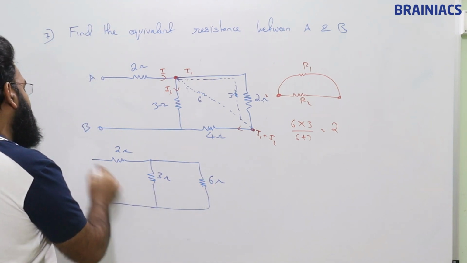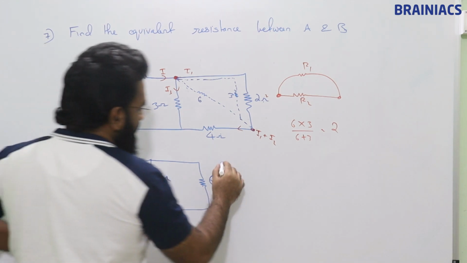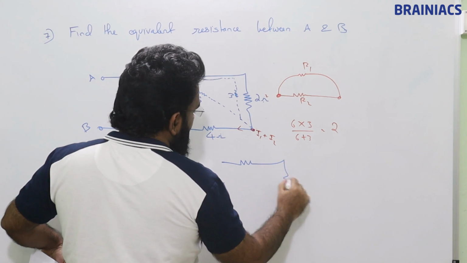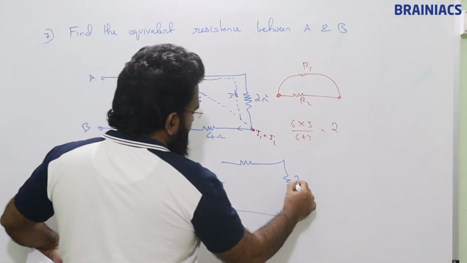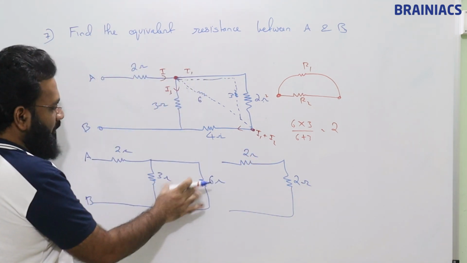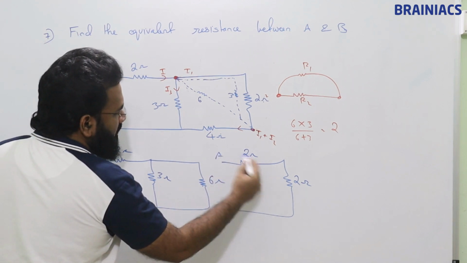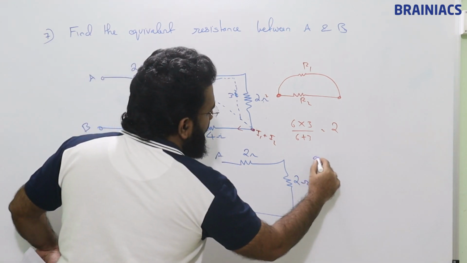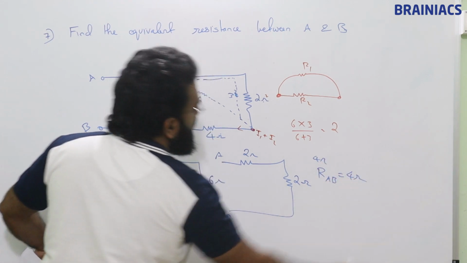Now this 6 and 3 are in parallel again, which is nothing but 2 ohm. Already this 2 ohm is there. This becomes one single branch between A and B. Now this combination gives us 4 ohm. So the equivalent resistance between A and B is 4 ohm.